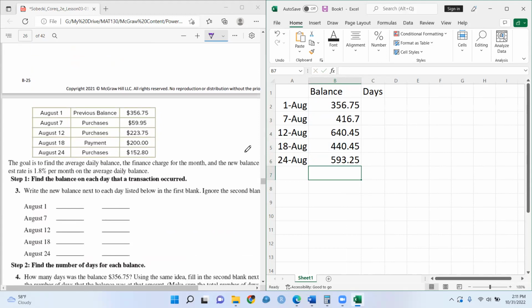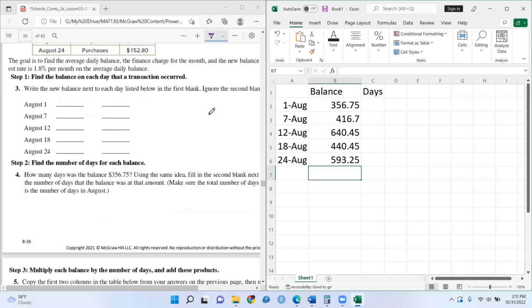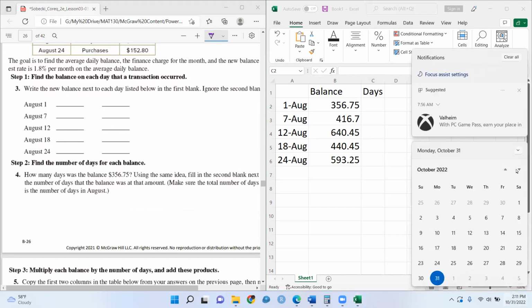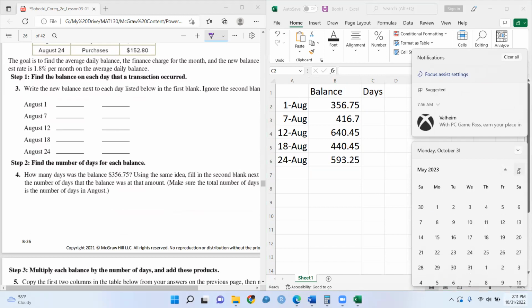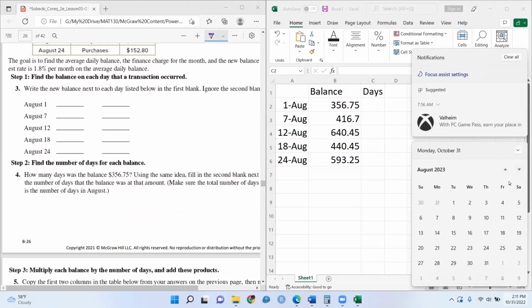All right. That's what we were supposed to do here. So what is the balance for each of these days where it changed? Now we have to ask ourselves, for how many days was our balance $356.75? We went from August 1st and then it changed on August 7th. So let me go to August and we can just count it. 1, 2, 3, 4, 5, 6 days it was 356.75.